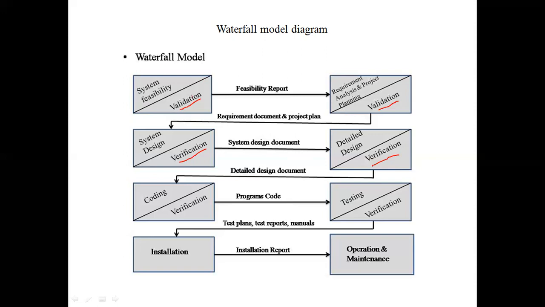Now, what is the difference between these two words? Validation is the process of checking whether the specification captures the customer's needs, while verification is the process of checking that the software meets the specification. Now, what does validation mean? Validation is where you are validating something before going further.